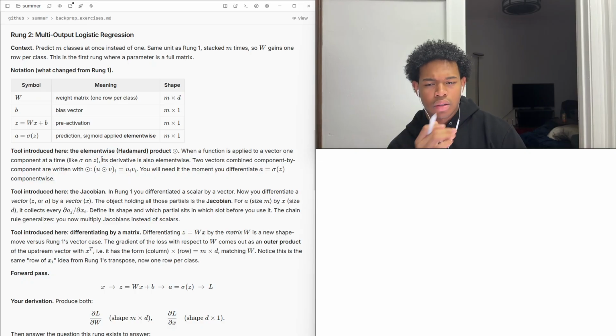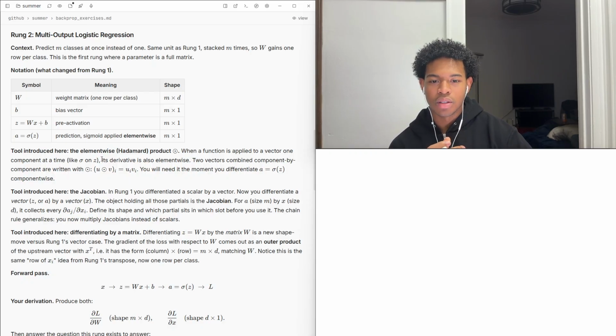Oh no, wait, now you're confusing me. How is that not a dot product? You'll need it the moment you differentiate A with respect to sigmoid Z component-wise. Wait, I'm confused.